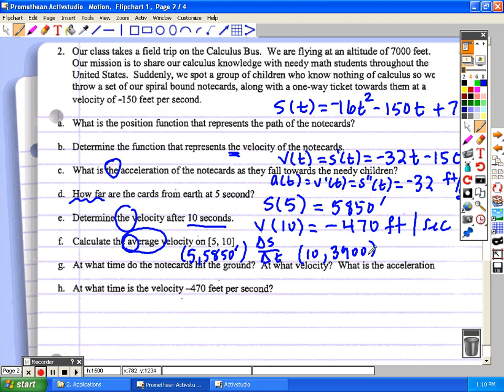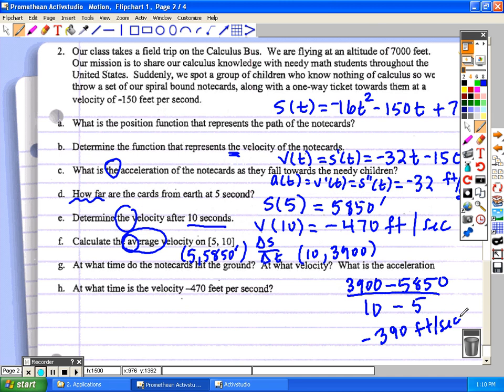So if I want the average velocity, again, remember it's change in position over change in time, so that'll be 3,900 minus 5,850 over 10 minus 5, which will give me negative 390 feet per second. Okay, hopefully I didn't make any mistakes.